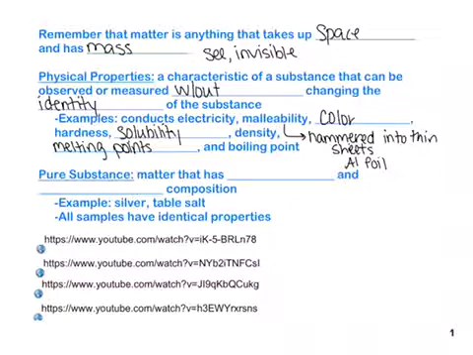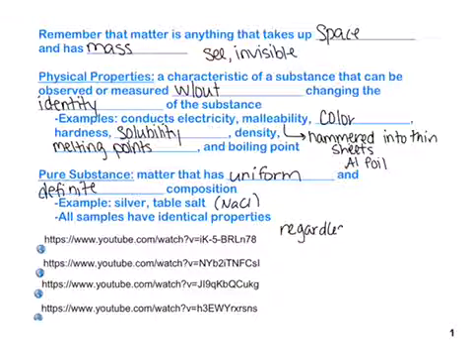So a pure substance is matter that has a uniform and definite composition. An example would be silver, table salt, or NaCl. All samples will have identical properties regardless of quantity.